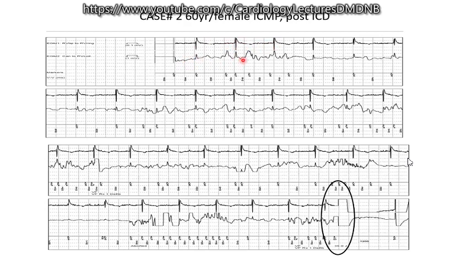And if you see the lower one, there is some noise going on. And this noise, the device has diagnosed as FS, fibrillation sense, and has diagnosed it as ventricular fibrillation and given a shock. So this is a wrong shock.